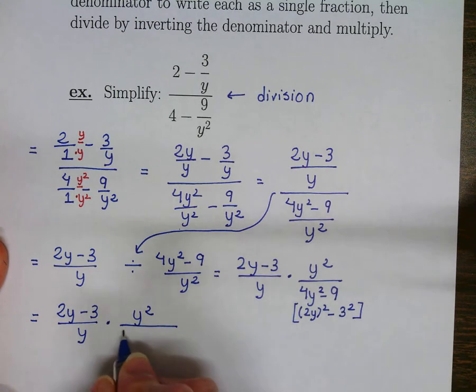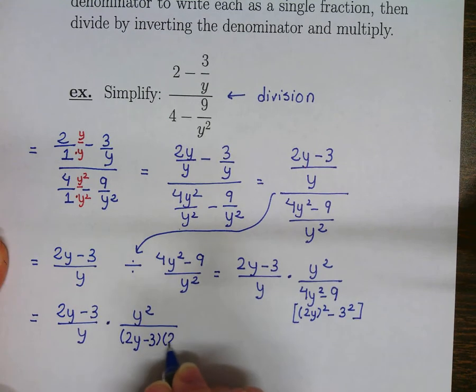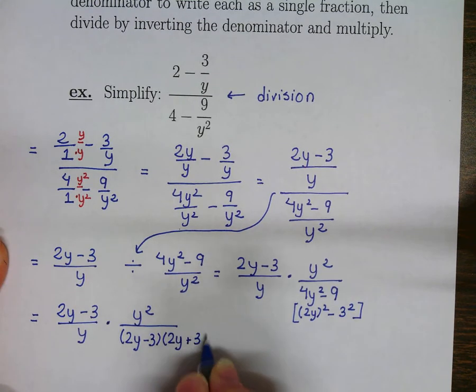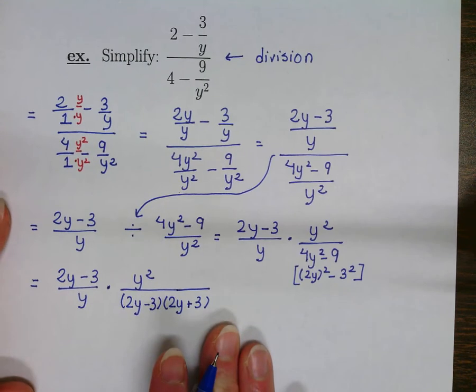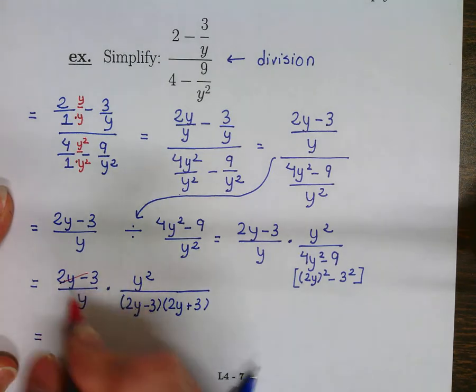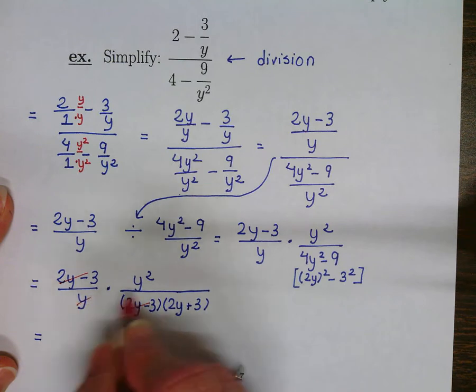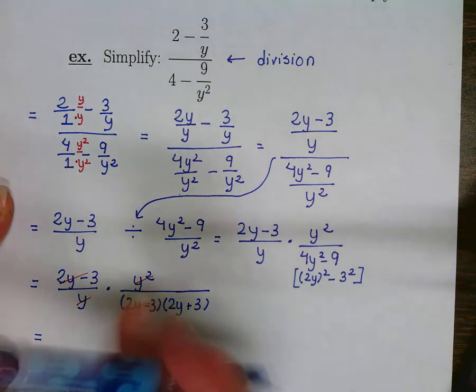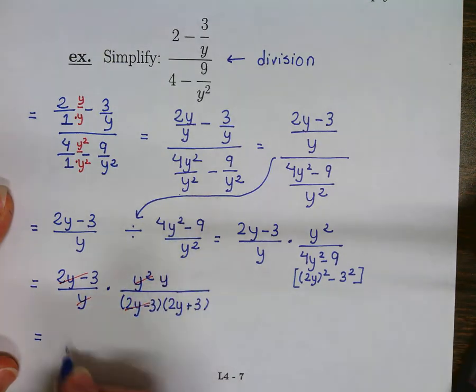And so that will factor as 2y minus 3 times 2y plus 3. Okay. And then we can cancel. And we're left with 1y here. So we get y over 2y plus 3.